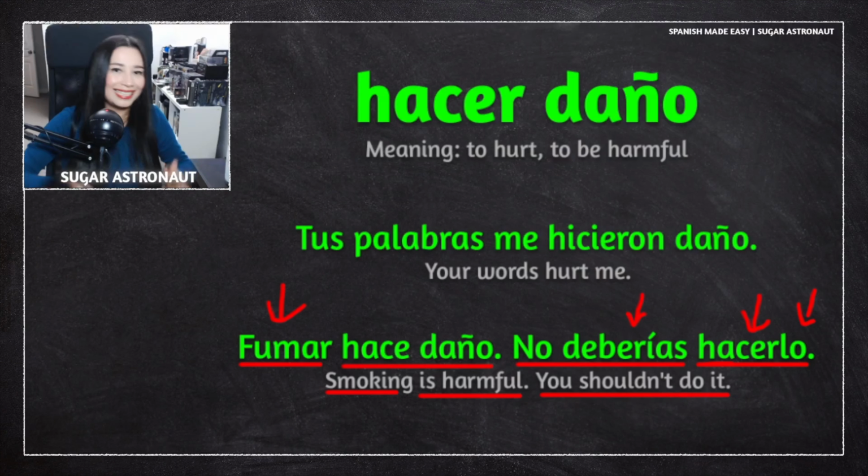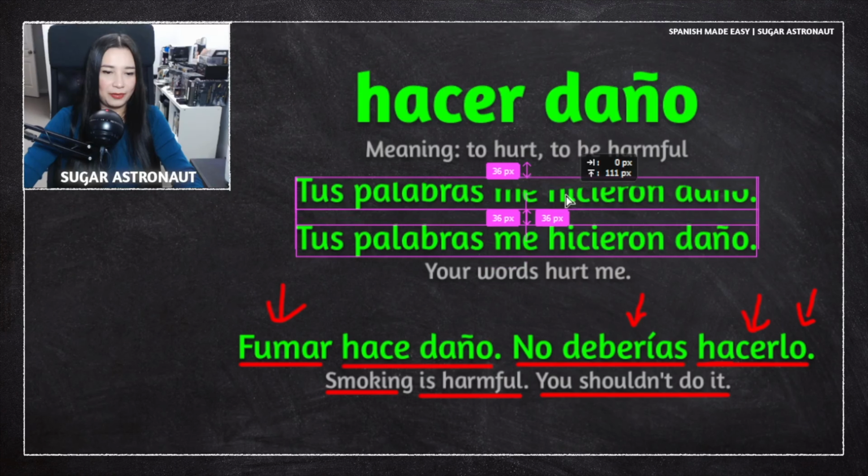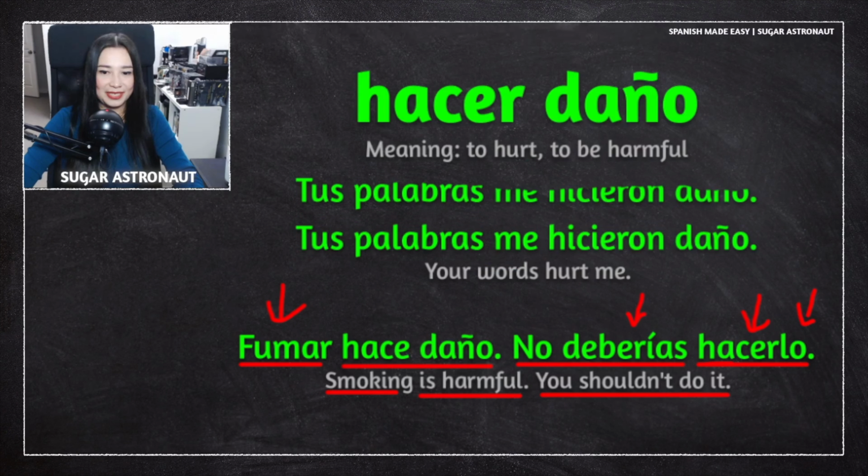Smoking. Hacerlo. No deberías hacerlo. You shouldn't do it. If you want to say do it just by itself, the way you would say it would be hazlo. Okay, hazlo. So let me just put it here so you know the difference.